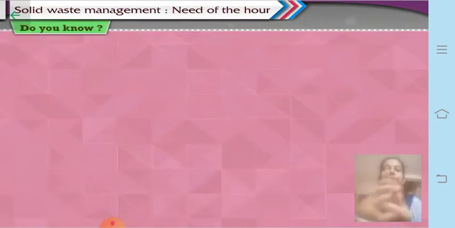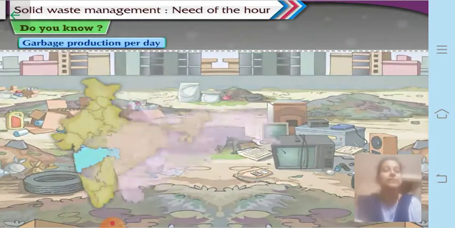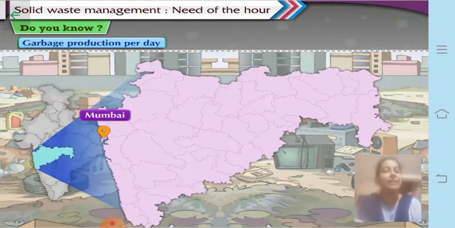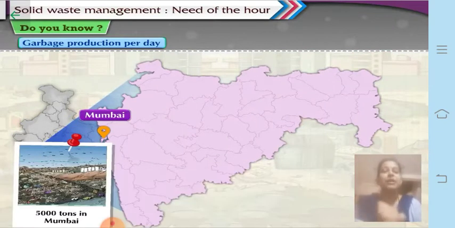Let us now proceed. Do you know how much garbage is produced per day in some of the metropolitan cities like Mumbai? You will be shocked to hear that in Mumbai, per day, around 5,000 tons of waste is generated. 1 ton is 1,000 kilograms, so you can imagine, just add 3 more zeros there.